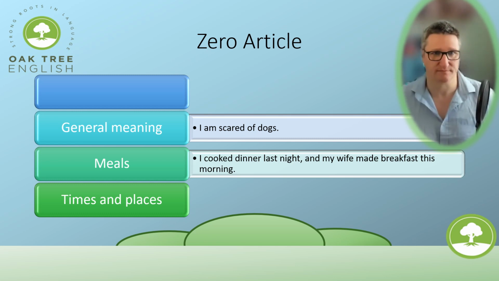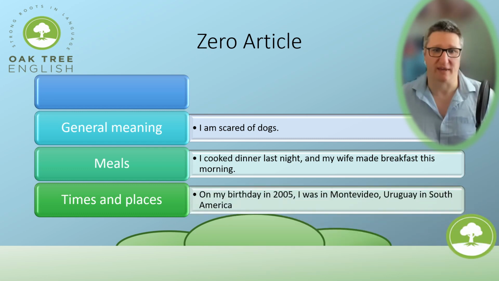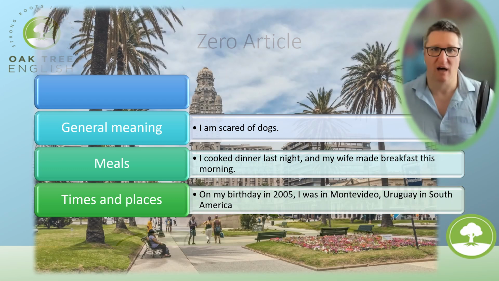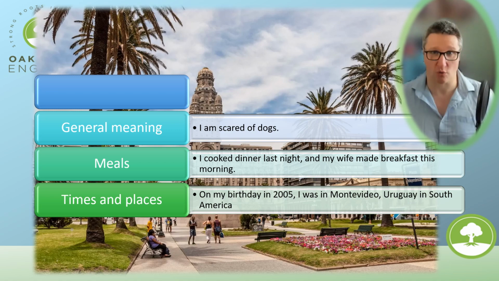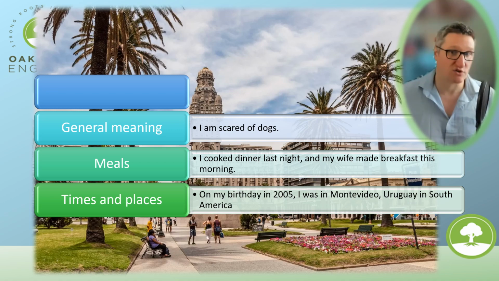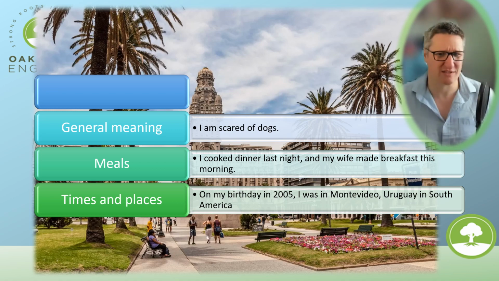For example, on my birthday in 2005, I was in Montevideo, Uruguay in South America. It's not true. I've never been to Uruguay in South America, but it's on my to-go-to places, and I've had students from there. Looks like a beautiful place, doesn't it?